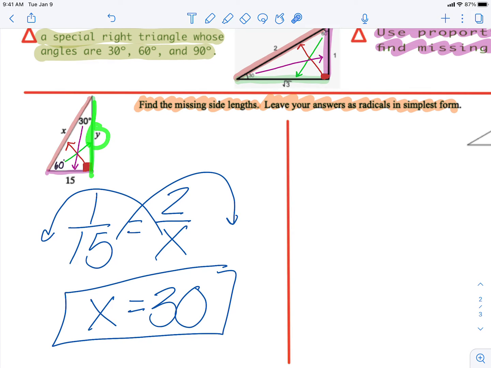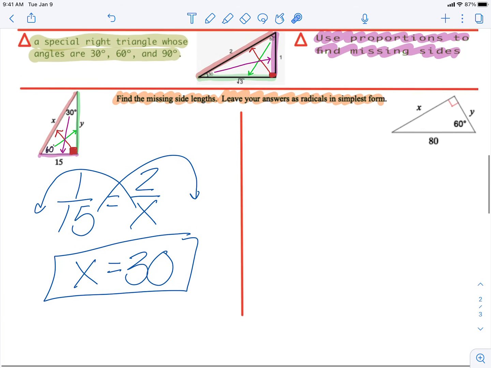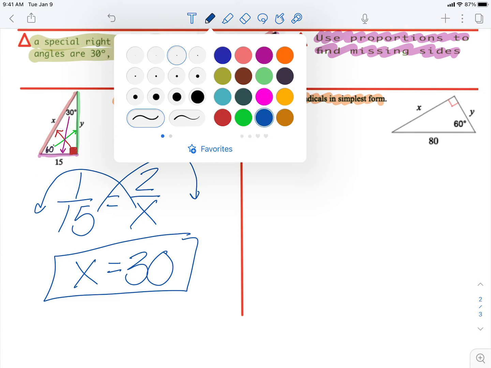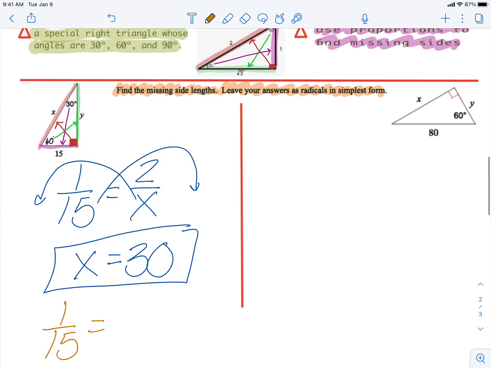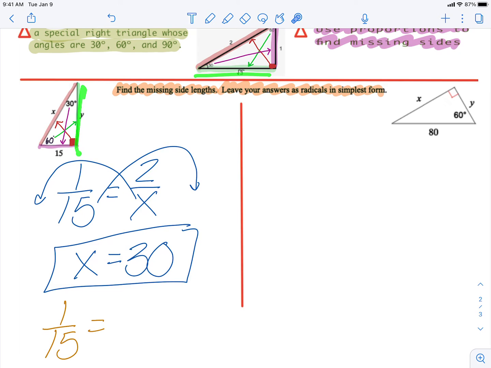Look, y. Okay? So let us once again use purple over purple: 1 over 15. Let me change colors here. So 1 over 15 is equal to, let's see, my y is green, so radical 3 over y.